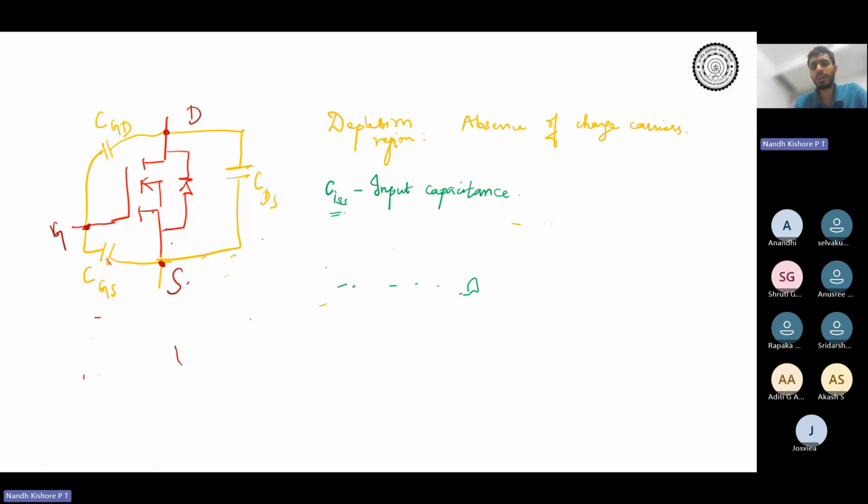You forget about the capacitance. If you want to find out the input impedance of any network, how do you find that? You will short the voltage source on the output side and open the current source.